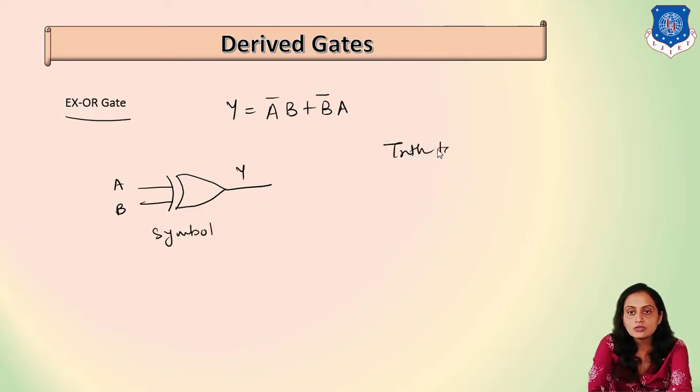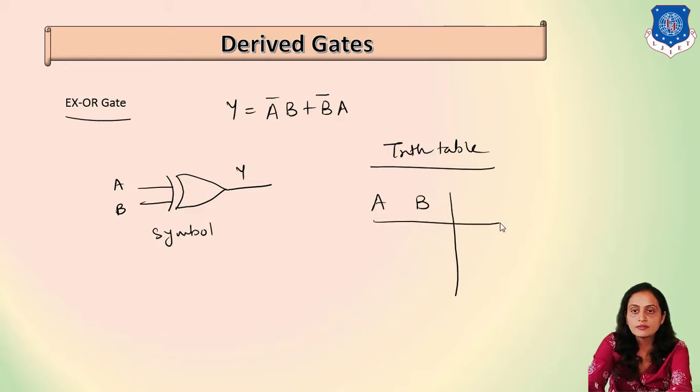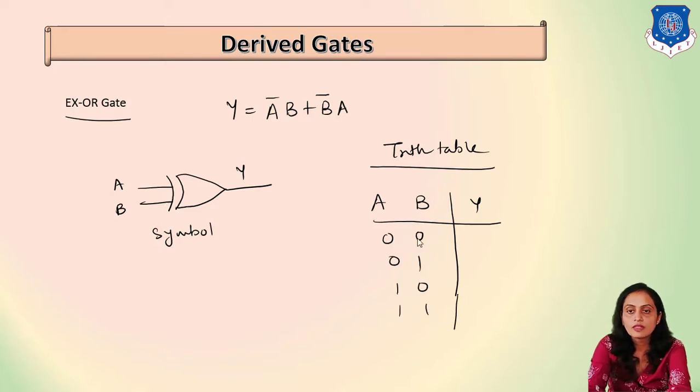Now we will see the truth table for the XOR gate. We have inputs A and B, and then we have output Y. Let us put the value 0 0. If we put A as 0 and B also 0, then this product becomes 0, and this one is also 0.